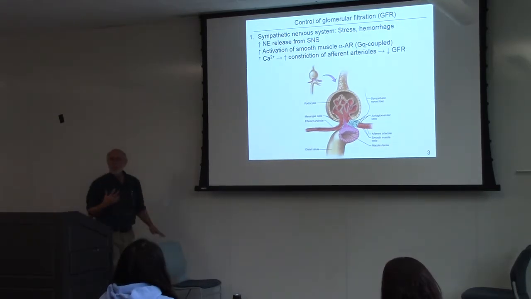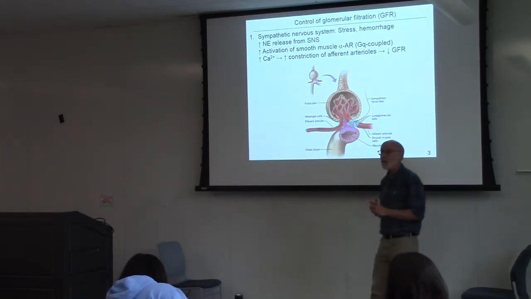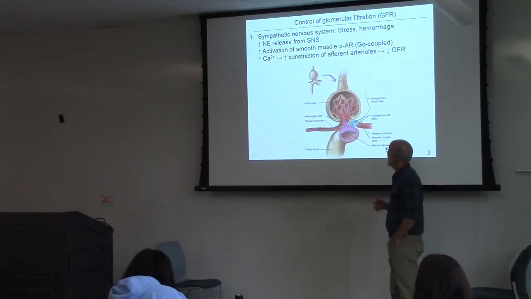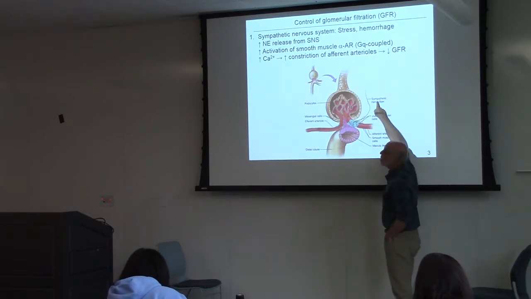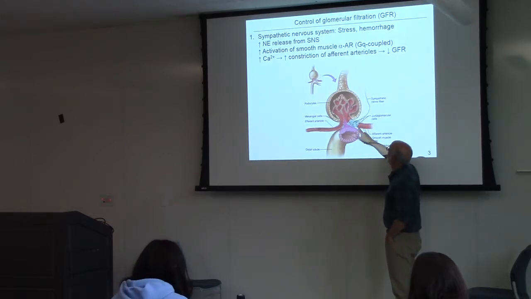And the simplest way, not maybe even the most effective way, but the simplest way to understand is to notice that there are nerve fibers from the sympathetic nervous system that innervate the juxtaglomerular cells and the smooth muscle of the afferent arteriole.